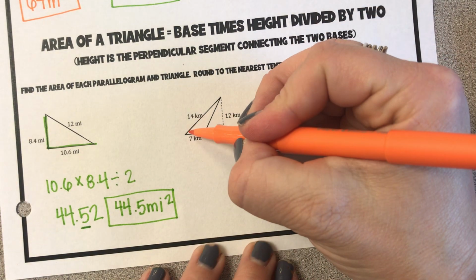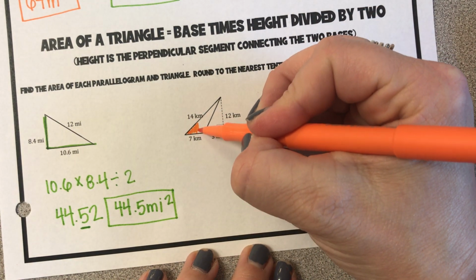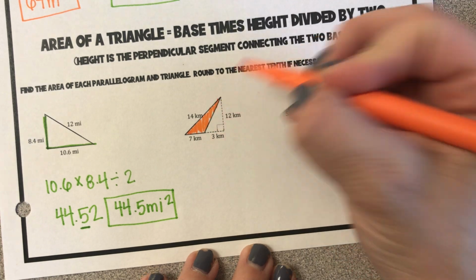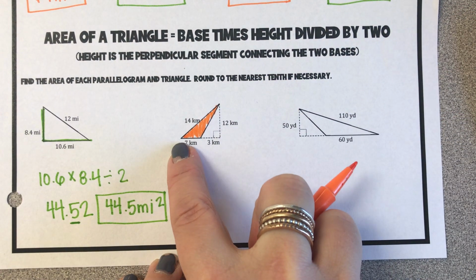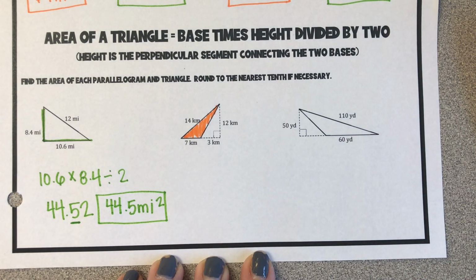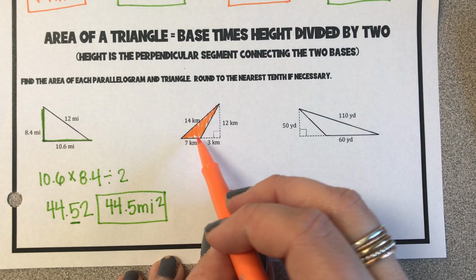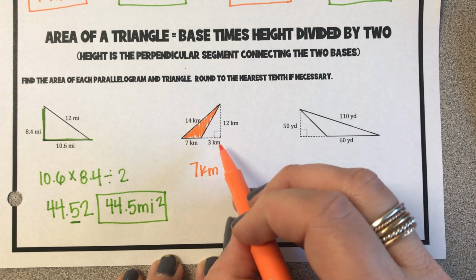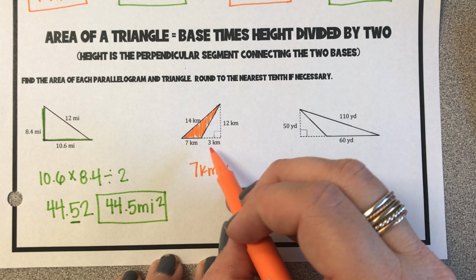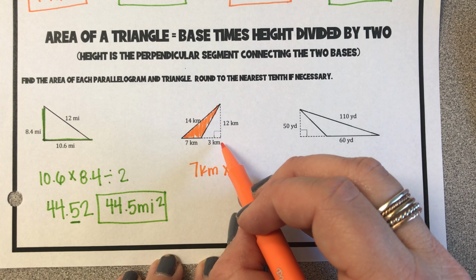This example always freaks everybody out. This is the triangle. What is the base of that triangle? Is it 10? Is that triangle 10 kilometers across? No, it is 7 kilometers across. Okay, this 3 is kind of arbitrary. It's there, but it's not the base of our triangle.